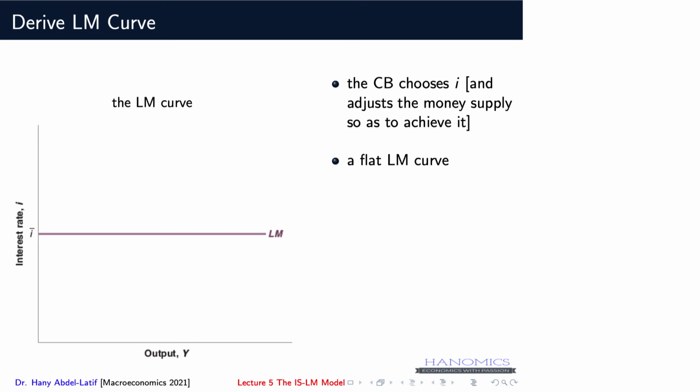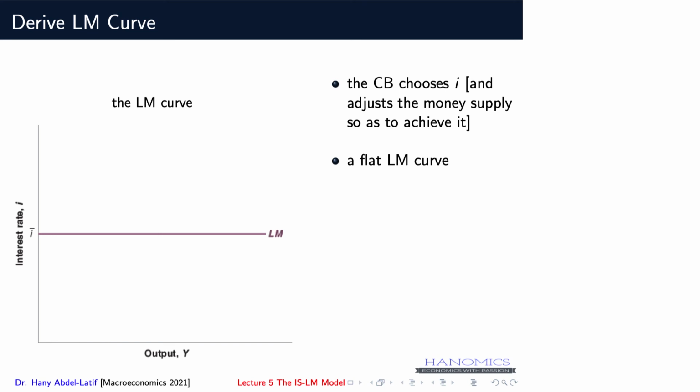In the analysis before, when we derived the LM, we had equilibrium with the money supply given, and changes in the money supply moved that vertical line to the right or to the left. But as we explained at the end of the last lecture, usually what central banks do today is choose the interest rate level first, and then adjust the money supply to achieve that interest rate.